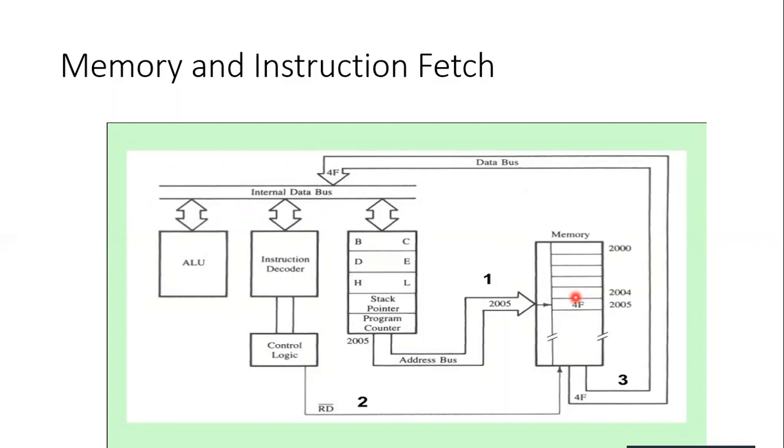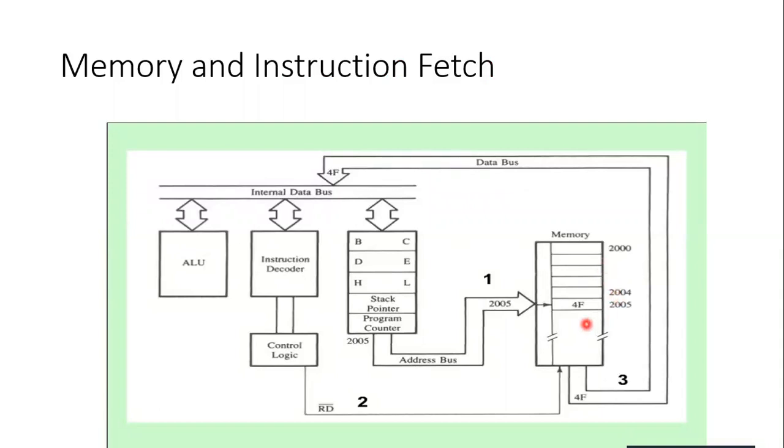So the memory is used to store the data as well as the instructions. These data and instructions are required by the microprocessor whenever it needs them. So how is an instruction or data fetched from the memory? Let us see one example here.